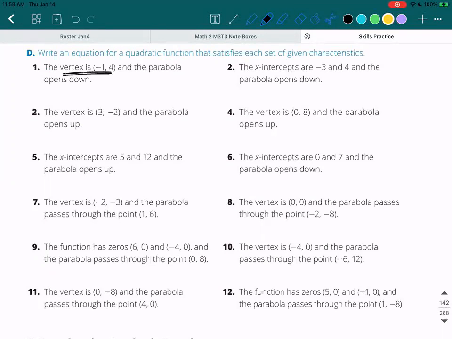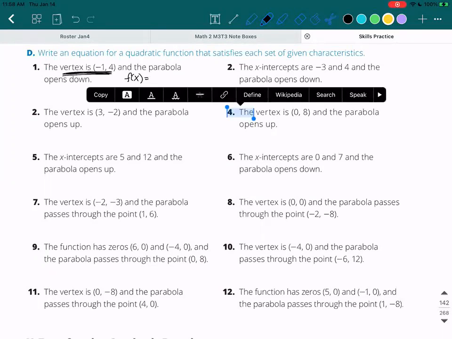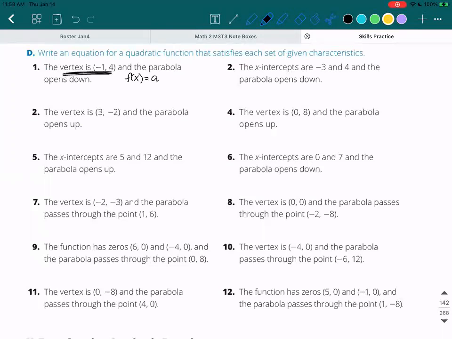Let me rewrite vertex form over here. Let me write a(x - h)² + k. So this is vertex form. And then if our parabola opens down, do you want a positive or negative a value?